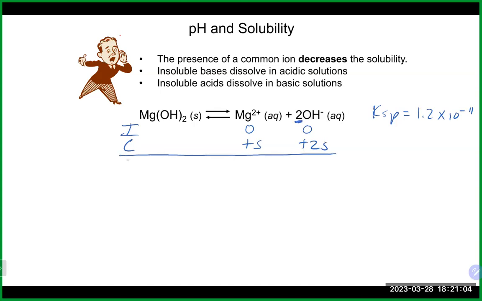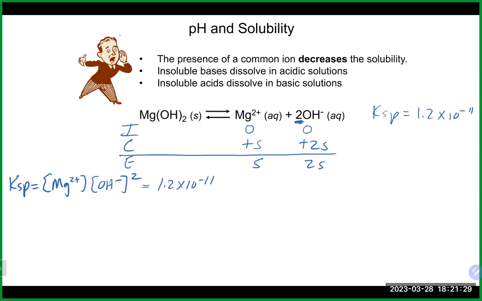That means at equilibrium, we would have s and 2s. If we wrote our Ksp expression, it would be the concentration of magnesium times the concentration of hydroxide. Once again, we do need to square it as well because of the 2 that is there. And that would equal 1.2 times 10 to the minus 11.